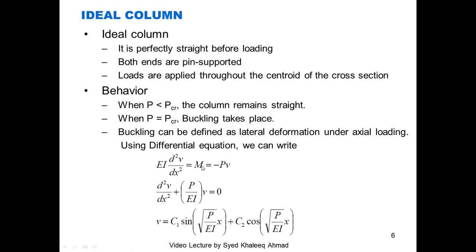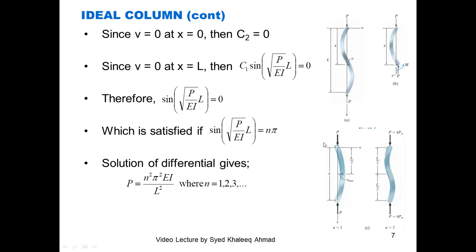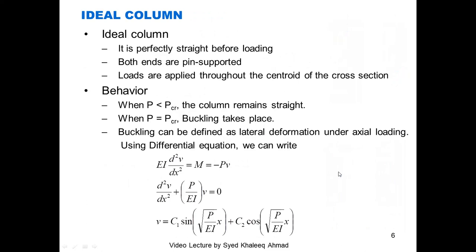The value of M will be equal to P times v. If we see in this figure, this is your load P and v is this displacement. So P times v is taken as the moment. And when we solve this differential equation from your knowledge of differential equations course, we can say that v is equal to this function.